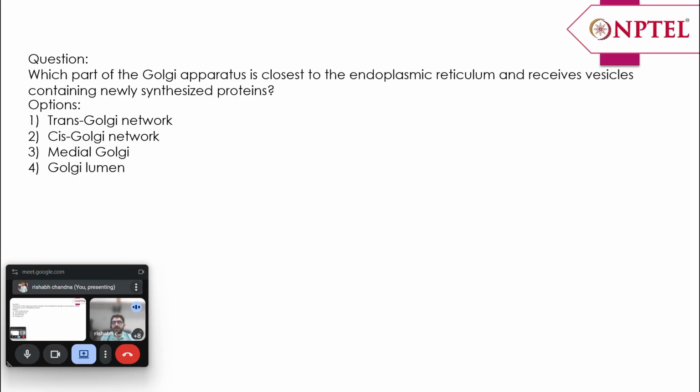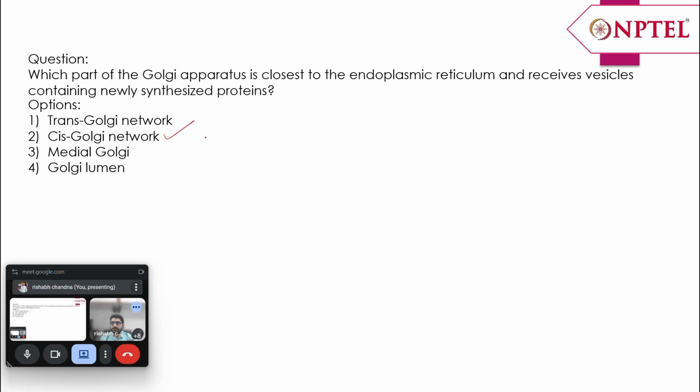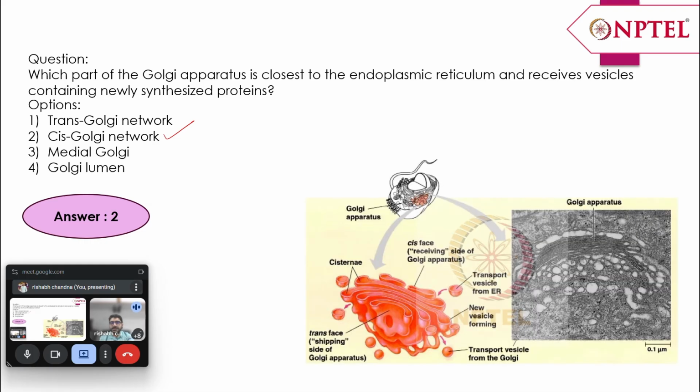So, what can be the correct answer? Yes, it is the cis Golgi network. This Golgi network actually receives the protein from the endoplasmic reticulum and transports it to the trans Golgi network.